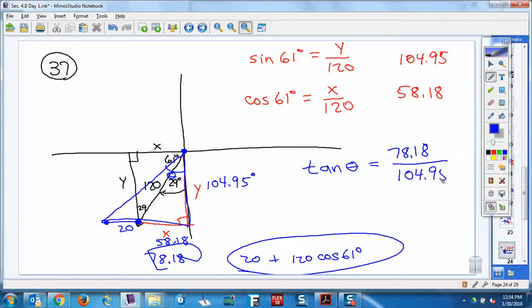So I'm going to write down 78.18 and 104.95, but I'd probably like to go backwards on my calculator and see what those numbers were with more decimal places. But this is where we hit second tangent, and then divide that. So second tangent of 78.18 divided by 104.95, and what do you get for theta?